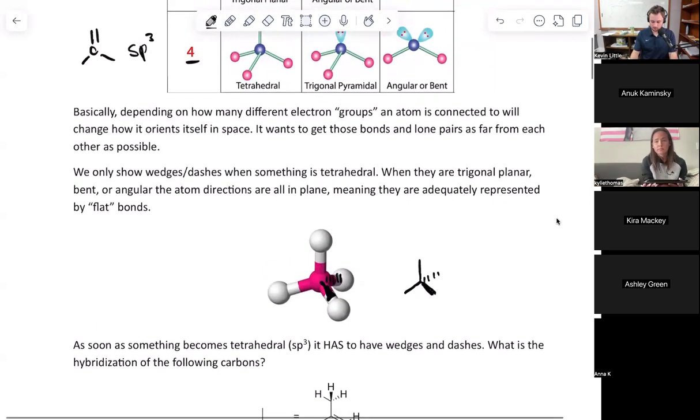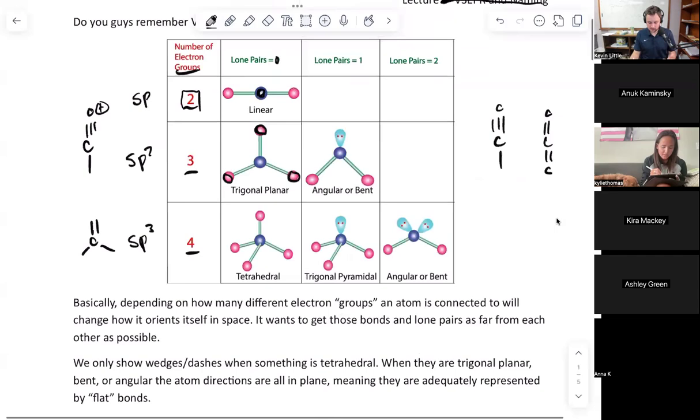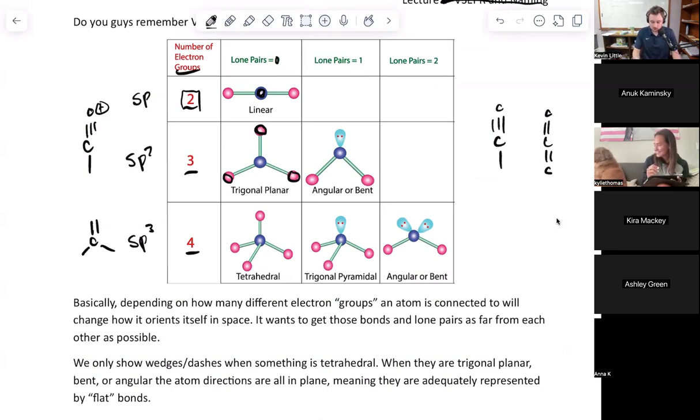Each one of these things has an angle of 109.5, this kind of famous angle, right? And when you get that angle in four different directions, it has to be in three-dimensional space. So with sp2, everything is flat. You will never see a carbon with a double bond on it that requires a wedge or a dash, because it's flat. It's trigonal planar. It is literally in the name. It is on the plane.